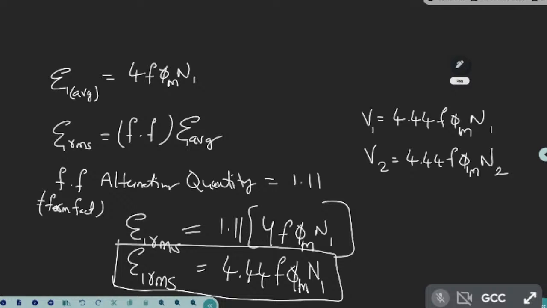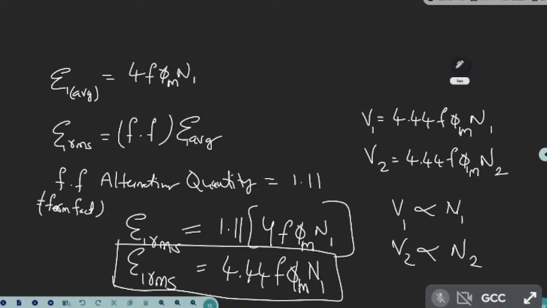When compared to both equations, 4.44 is common, frequency is common, pi m is common. What is the difference? N1 and N2. So V1 is directly proportional to N1, V2 is directly proportional to N2.